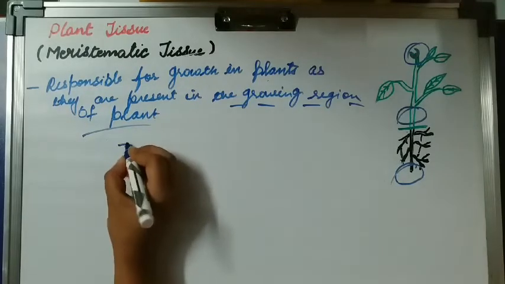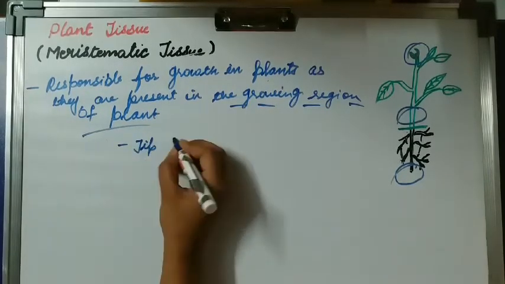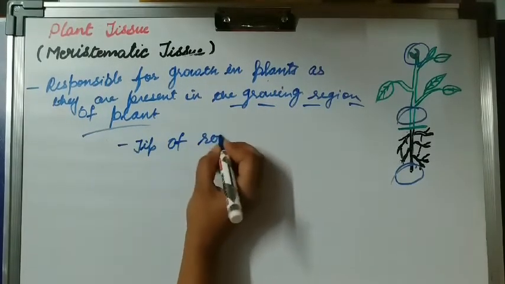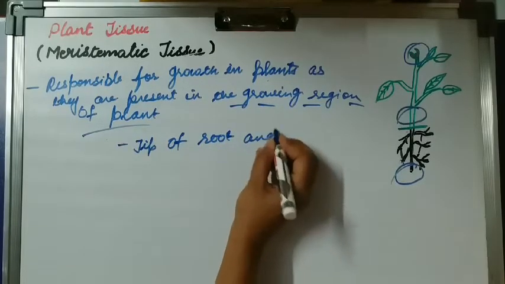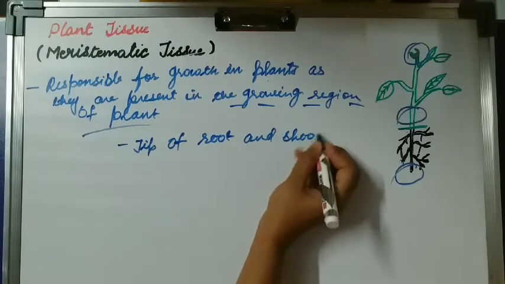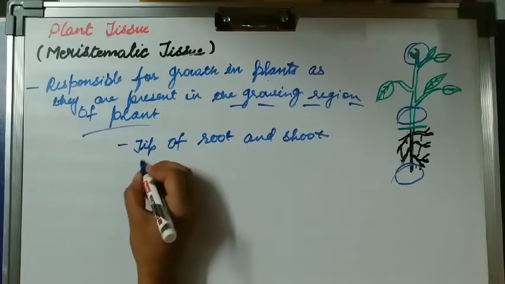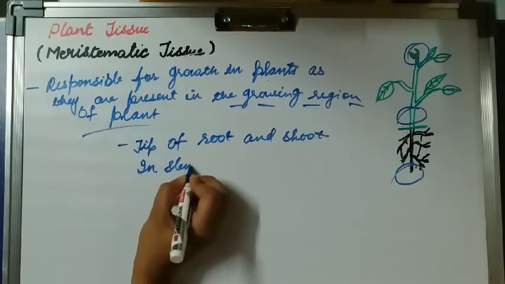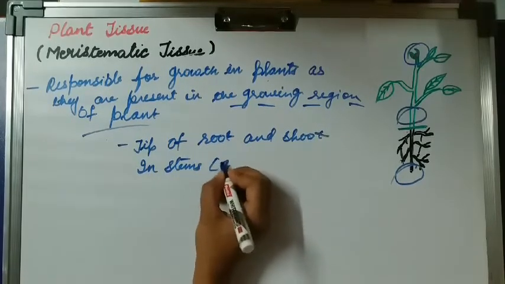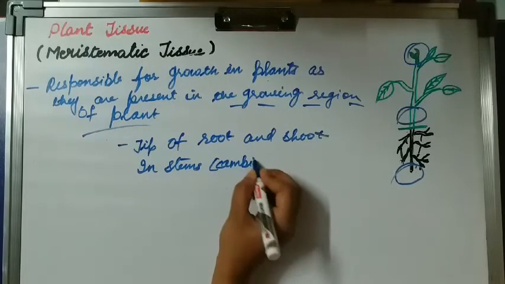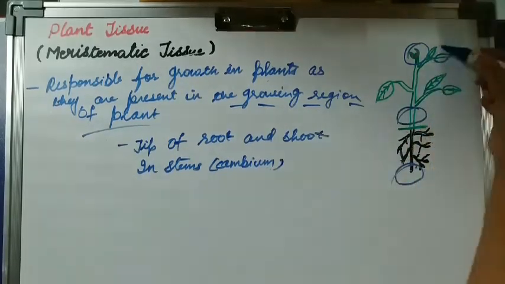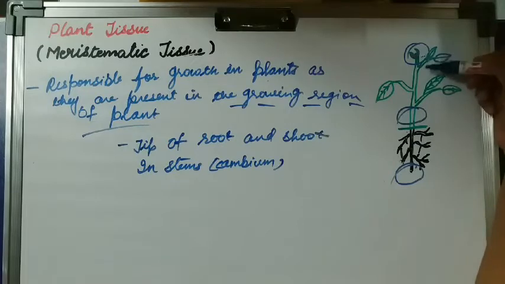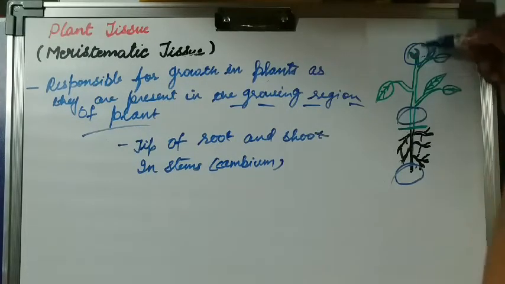That is the tip of root and shoot, and secondly in stems, that is your cambium. So it is present here, so it will actively divide and help the plant to grow.